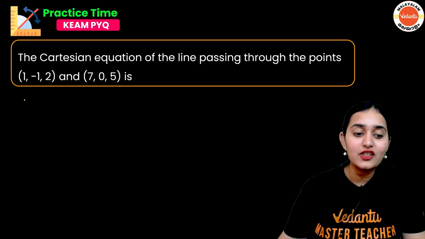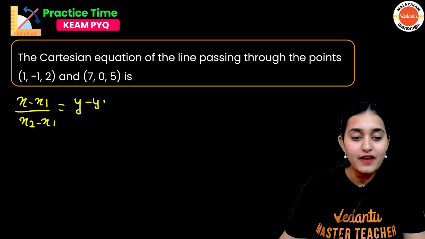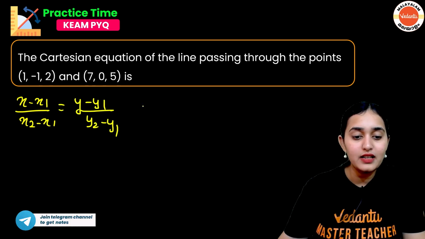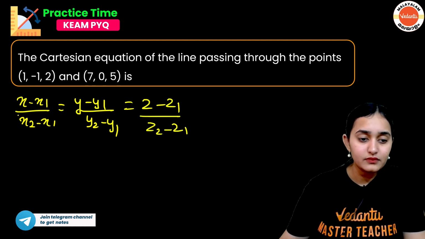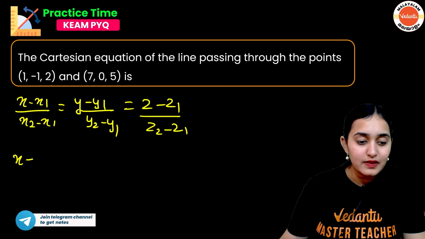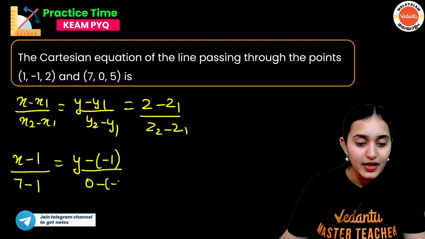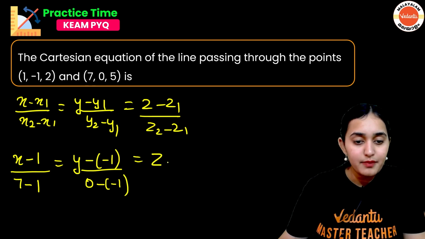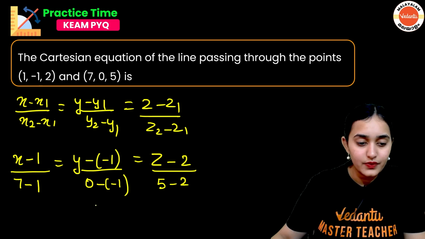2 points are given. So your equation will be x minus x1 upon x2 minus x1, y minus y1 upon y2 minus y1, z minus z1 upon z2 minus z1. x minus 1 upon 7 minus 1, y minus minus 1 upon 0 minus minus 1, z minus 2 upon 5 minus 2.